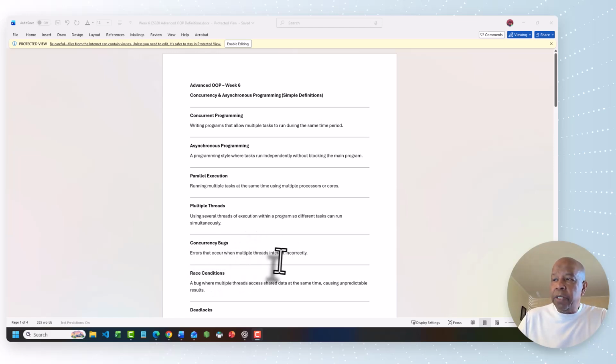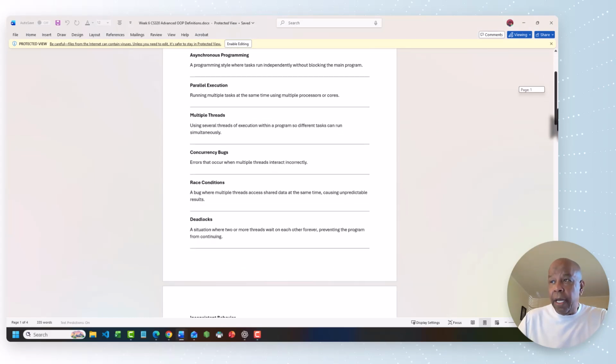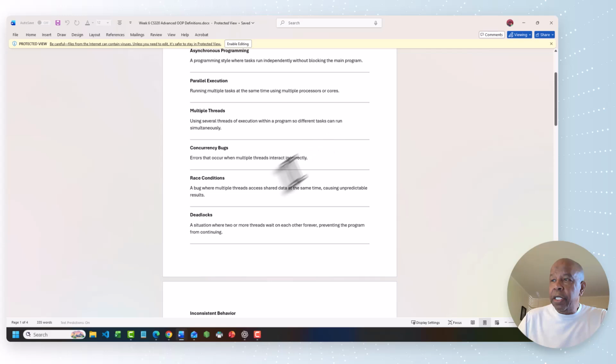Concurrency bugs, errors that occur when you have multiple threads interacting incorrectly. What are some of the things that can happen and why do they happen? Race conditions is a bug where multiple threads access shared data at the same time, causing unpredictable results. Deadlocks.